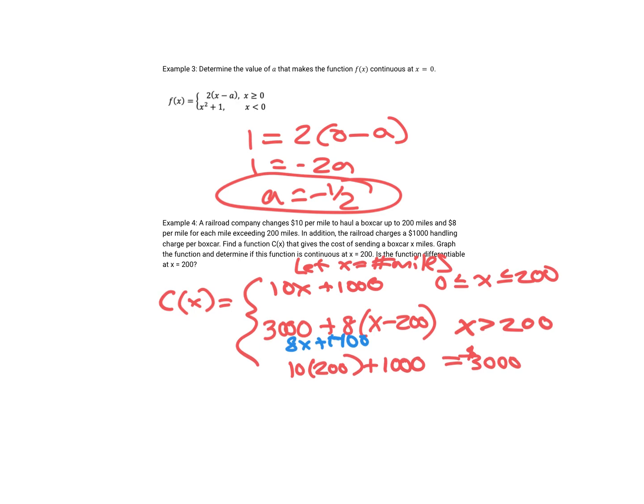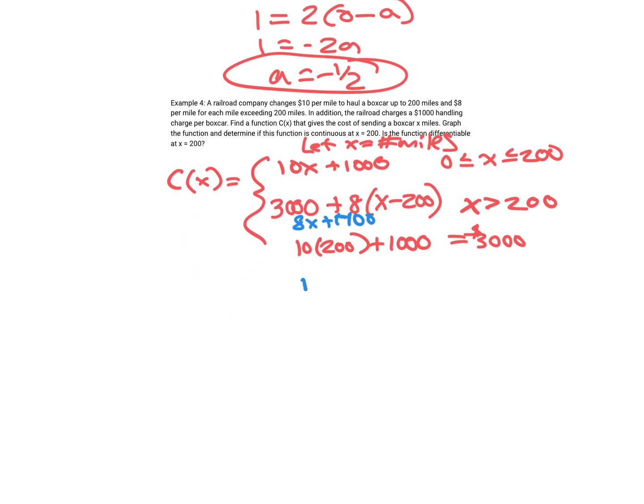All right, so the question is for the function, we're going to determine if it's continuous and differentiable. So if we were to graph this, for 0 to 200, when I put in 0, I'm looking at the top line. When I put in 0, it's going to be 1,000. And when I put in 200, we just said that's going to be 3,000.